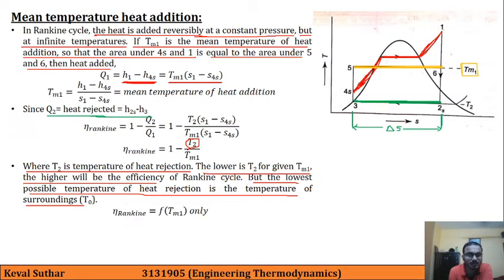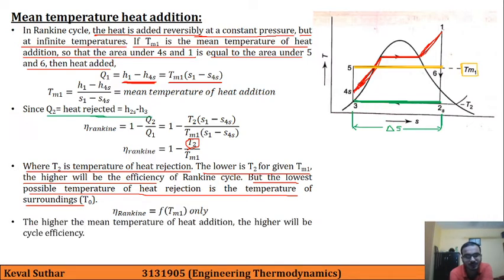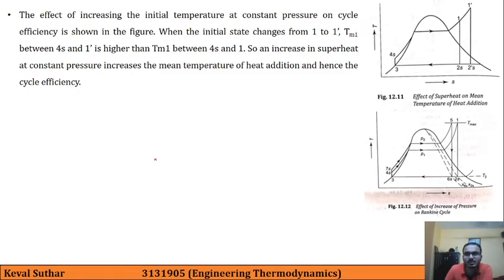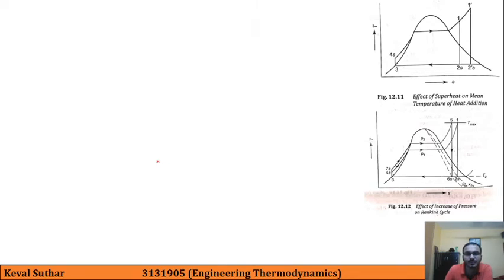So now Rankine cycle efficiency is a function of mean temperature of heat addition only. The higher the mean temperature of heat addition, the higher will be the efficiency, because it is negative and in the denominator. So the higher the value of Tm1, the greater the value of eta Rankine. Now there are some effects that we are going to see for the Rankine cycle one by one.